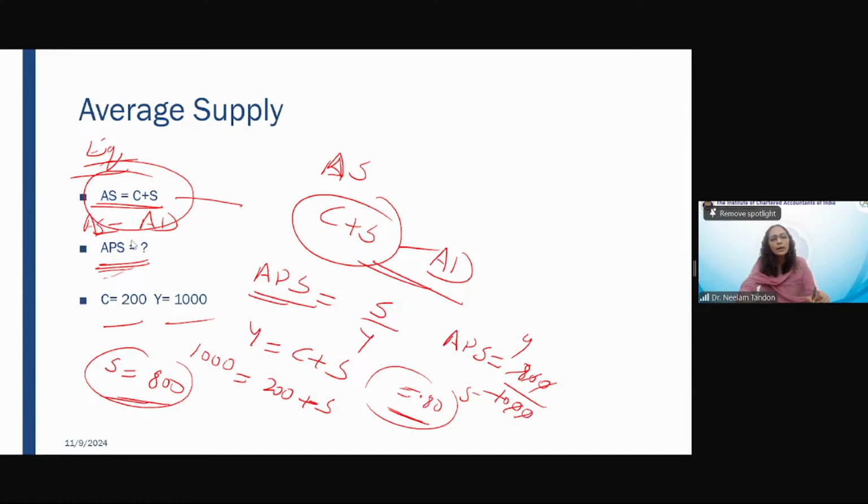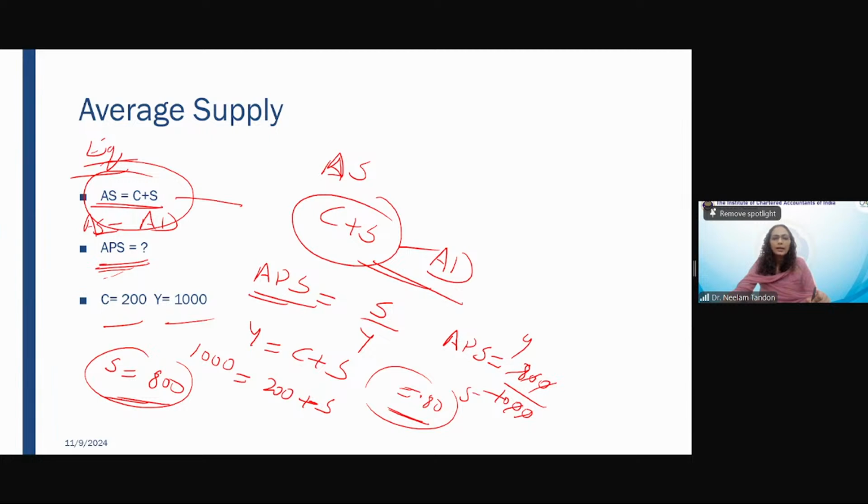Okay, so if you understand the concept of what average propensity to save is, what marginal propensity to save is, what the relationship is between marginal propensity to save and marginal propensity to consume, what the relationship is between average propensity to consume and average propensity to save, between income, consumption and savings, why we have autonomous consumption, what the concept of marginal propensity to save and consume is, then whether it is a statement-based problem or a numerical problem, you will be able to do it.